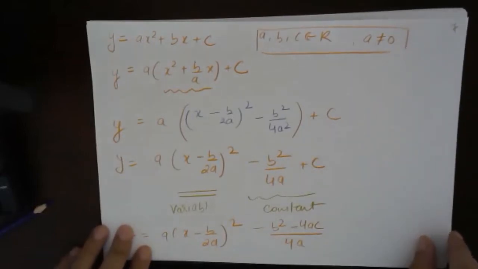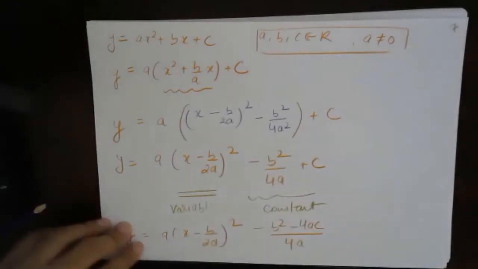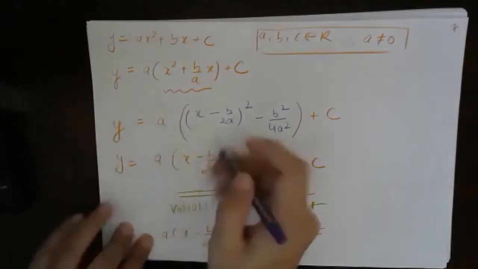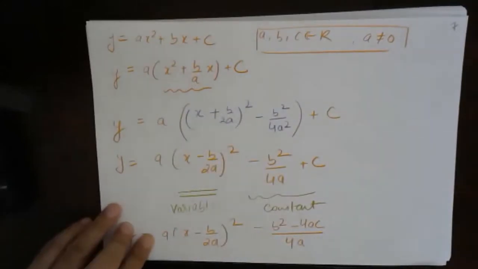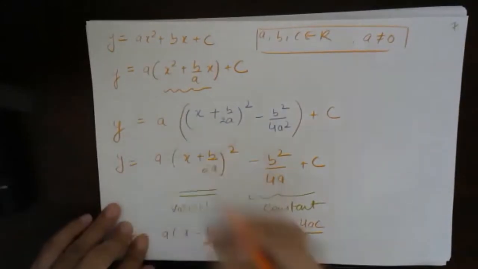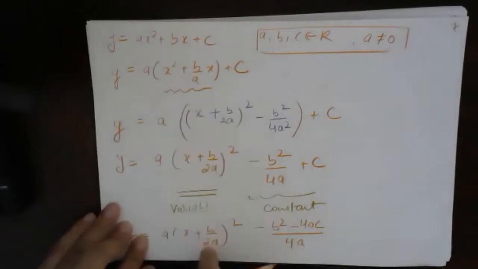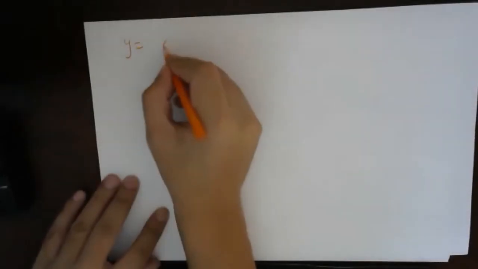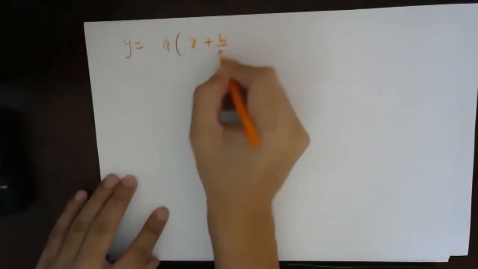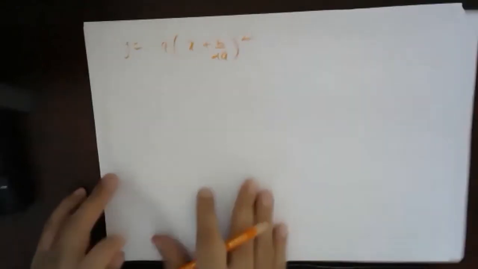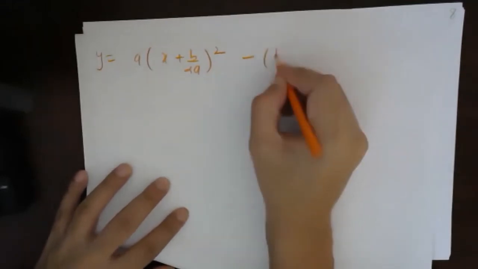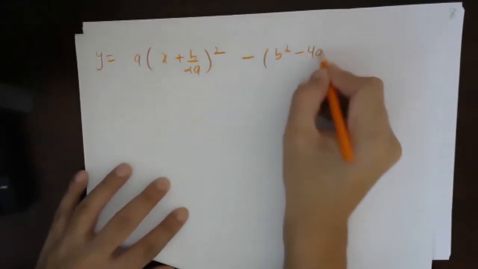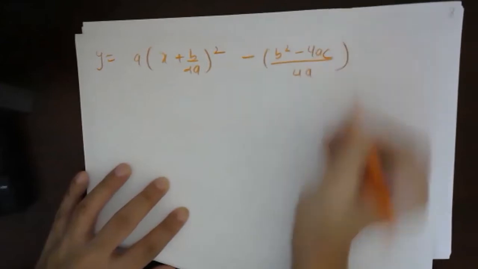Correction: x plus b by 2a. So y is equal to a into x plus b by 2a whole square and minus of b square minus 4ac by 4a, right?